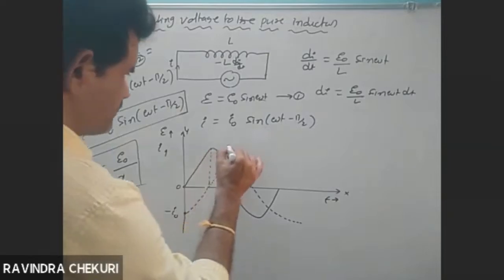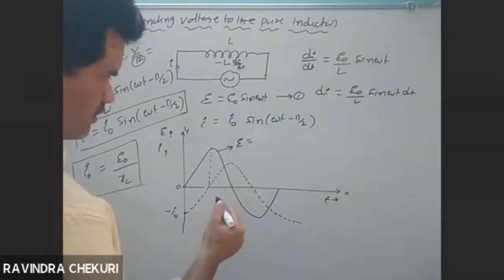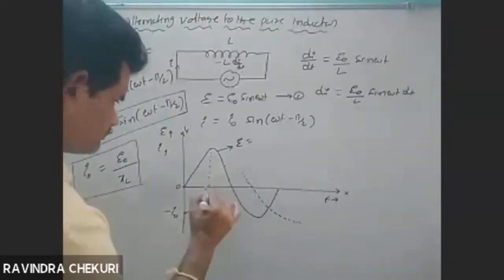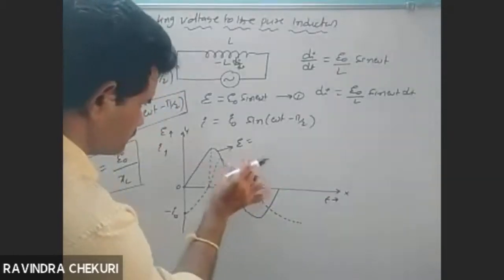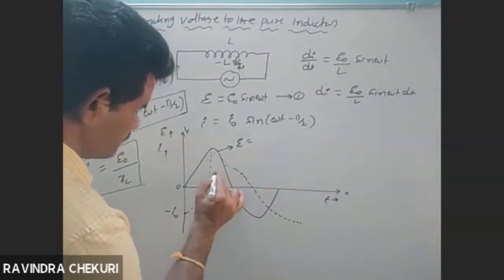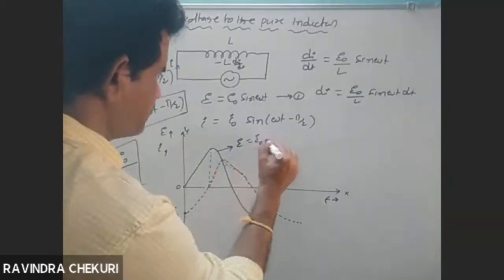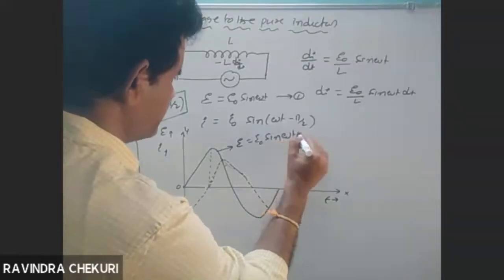This is E equal to E naught into sine of omega t.